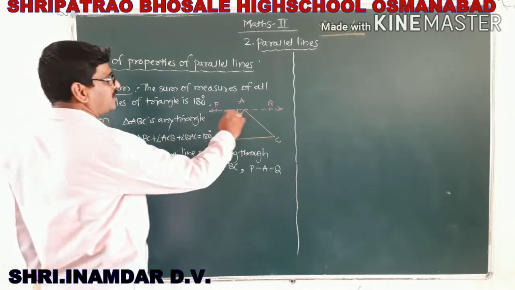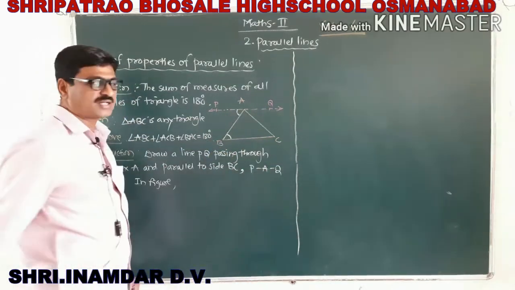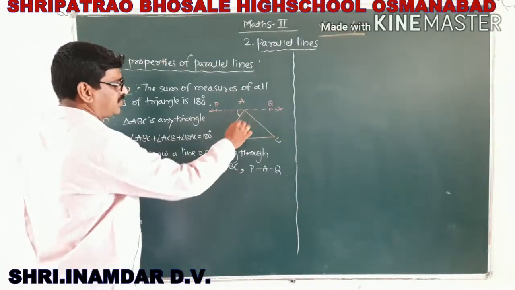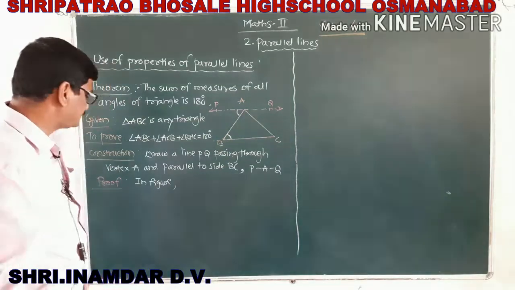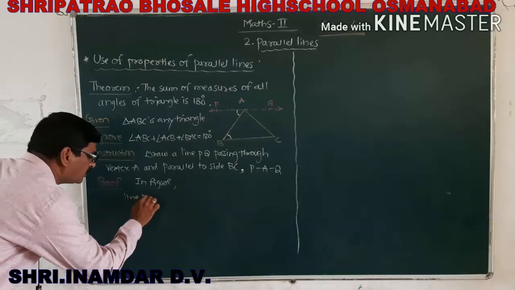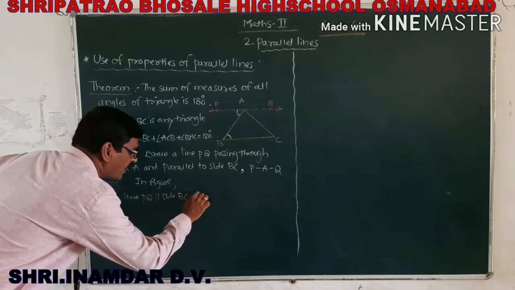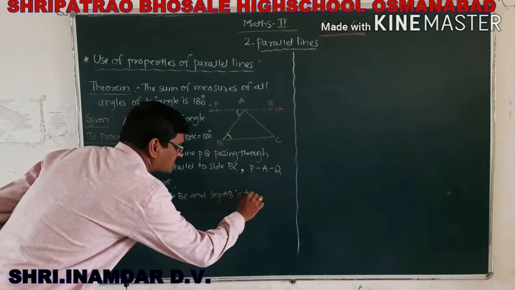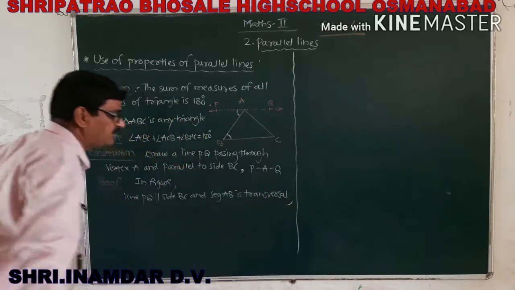Okay, so line PQ is parallel to side BC and seg AB is transversal, then angle ABC and this angle PAB are alternate angles. So right here in the figure, line PQ is parallel to side BC and seg AB is transversal.